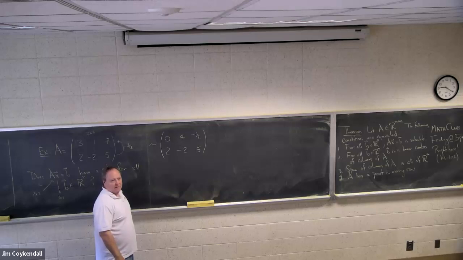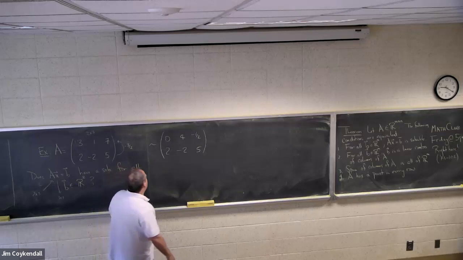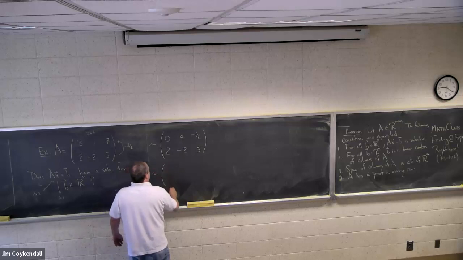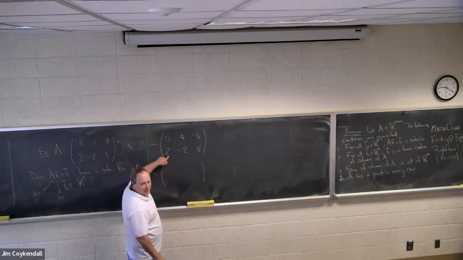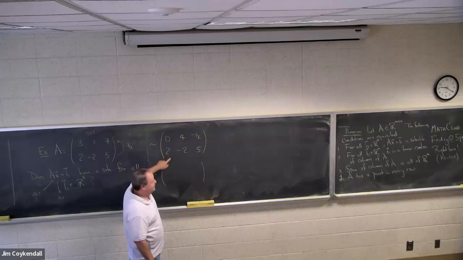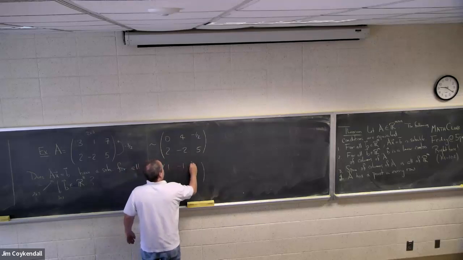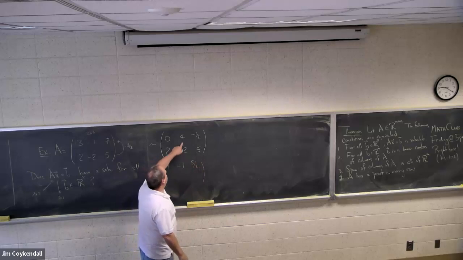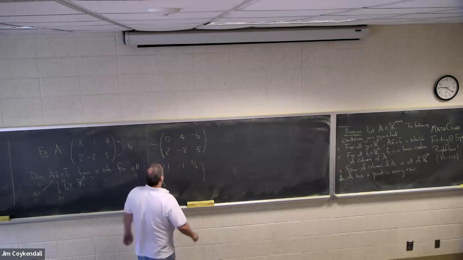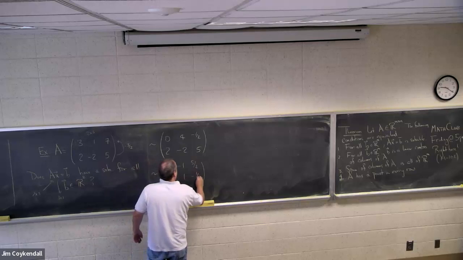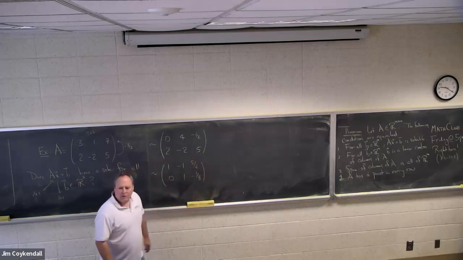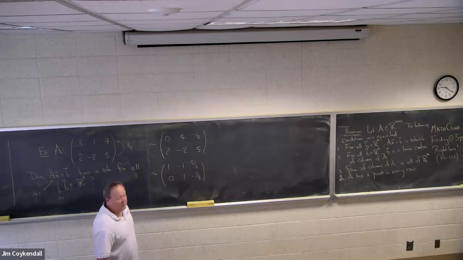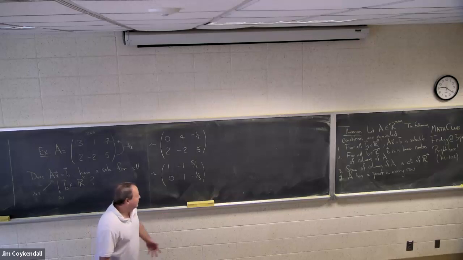Let me multiply this by 1/2 and put it on top, 1, -1, 5/2. And let me multiply this by 1/4 and put it on the bottom. It's not reduced row echelon form, but is it clear to you all that there's a pivot in every row? So this is always solvable. That's kind of cool.